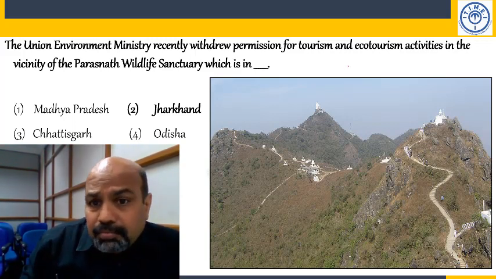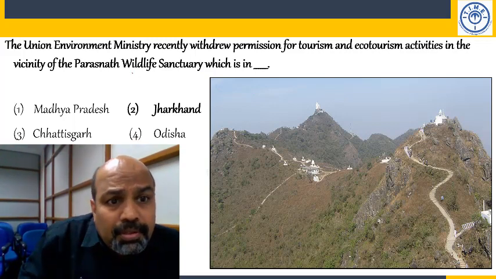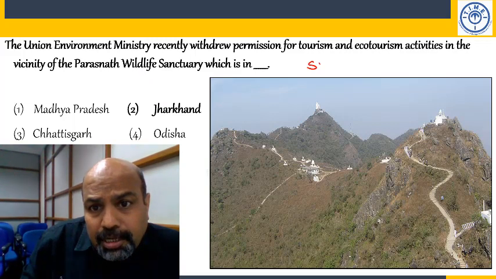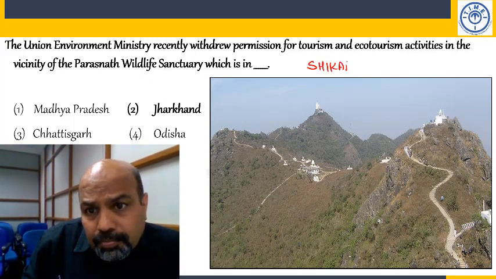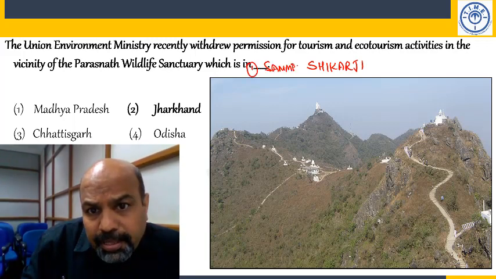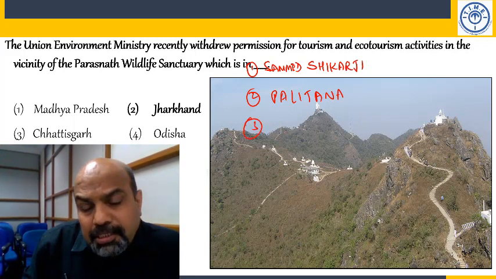One is Shikarji, also called Samet or Samed Shikarji. I am writing the names of the 5 most important Jain pilgrimage sites.